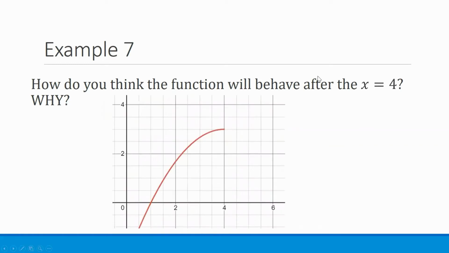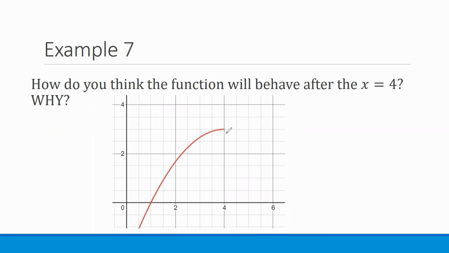I want you to think through this one. What do you think the function is going to do after x equals 4 in this example? All right, well, you might say it can do a number of things. It could level off and then a little bit later start going up.